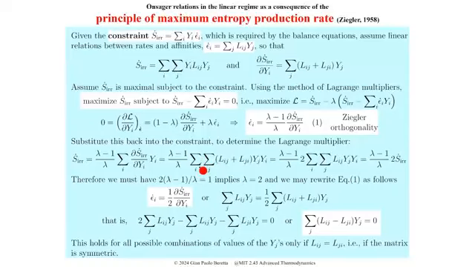If you switch the i's and j's here, things don't change because of the double summation. Therefore, this is twice this double summation here of just one L.